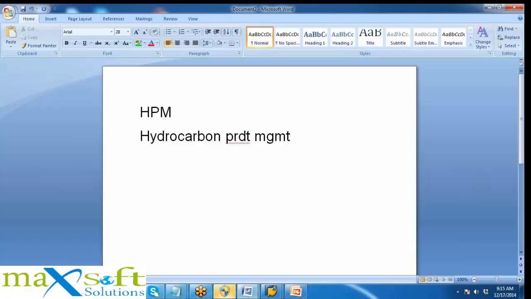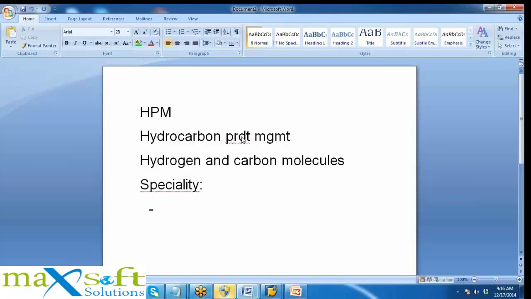Crude oil, diesel, petrol, whatever the products we are having, they are called hydrocarbon products because they are made up of hydrogen and carbon molecules. So this is chemistry. Because these products are made of hydrogen and carbon molecules, they are called hydrocarbon products. So what is the specialty of these products? These products are subject to environmental factors.